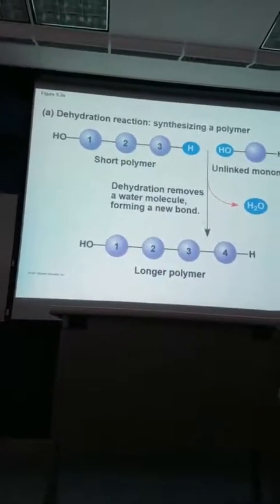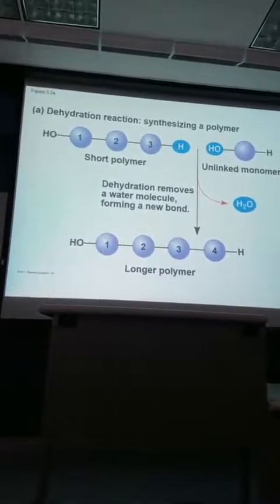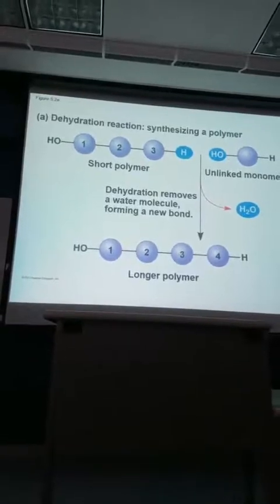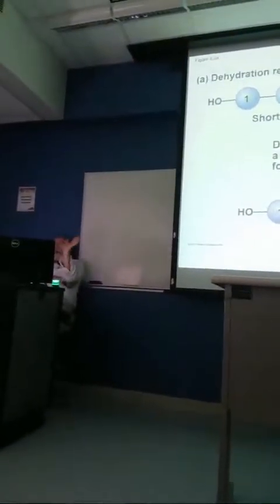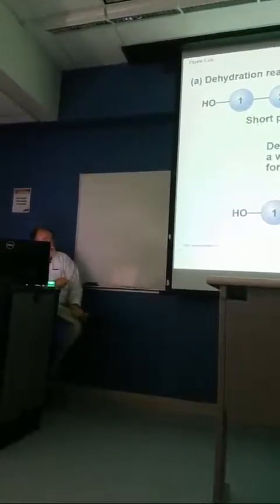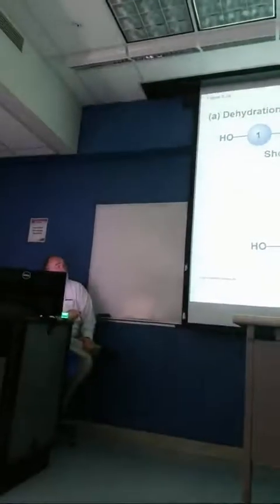I'm telling you what's going to be on the test. These little things. It's important to remember a polymer has a hydrogen on one end and oxygen on the other, because so do these monomers. Notice that monomer has a hydrogen and an oxygen.